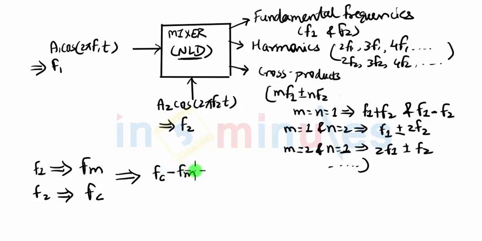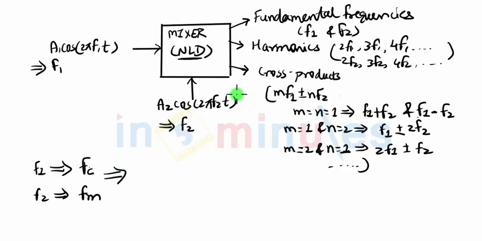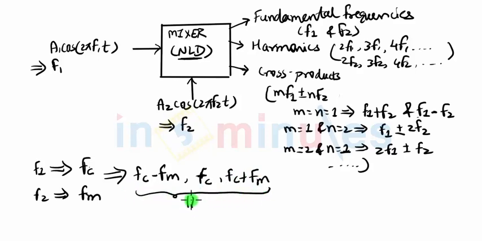So if I apply f1 as, let's say, fc, the carrier frequency, and f2 as, let's say, fm, the modulating frequency, then from all the variety of frequencies generated on the output side, we will be keeping fc minus fm, which is the lower sideband frequency, the carrier frequency fc, which we need because it is double sideband full carrier, and fc plus fm, which is the upper sideband frequency. And these three frequency components will define DSB-FC.